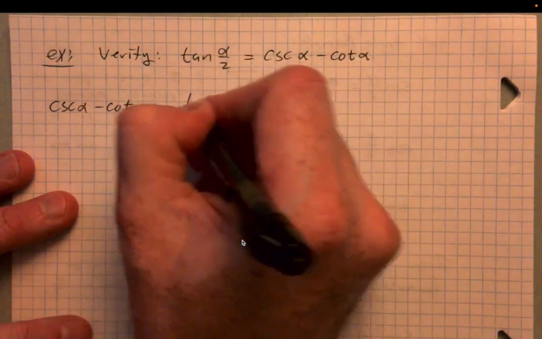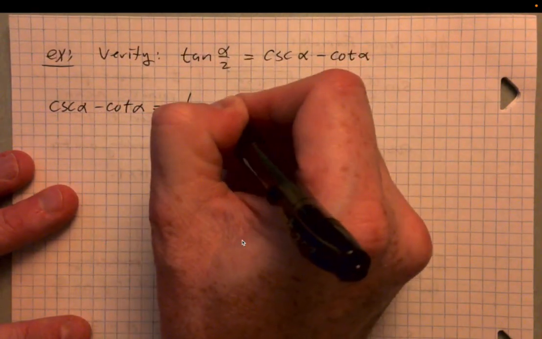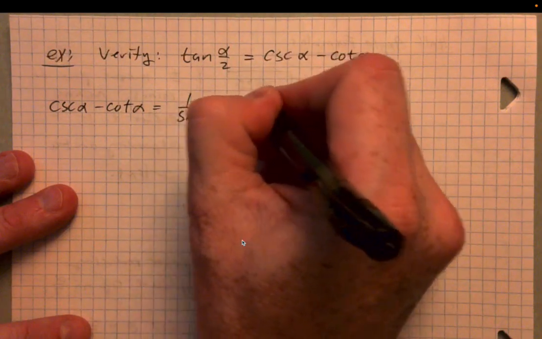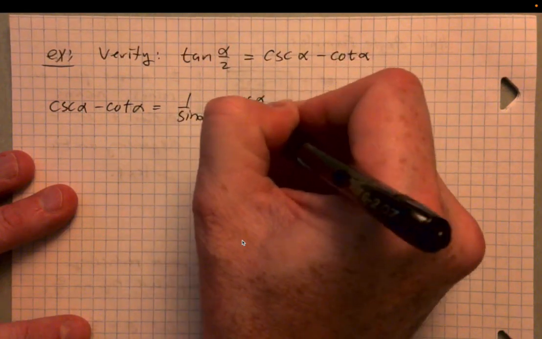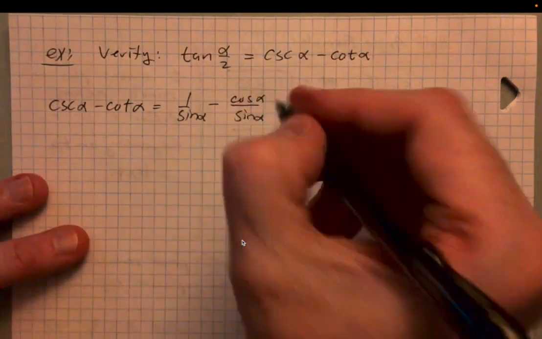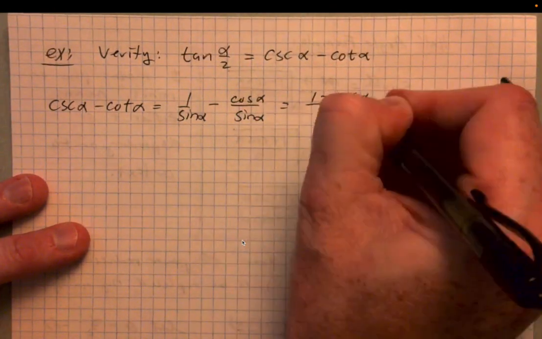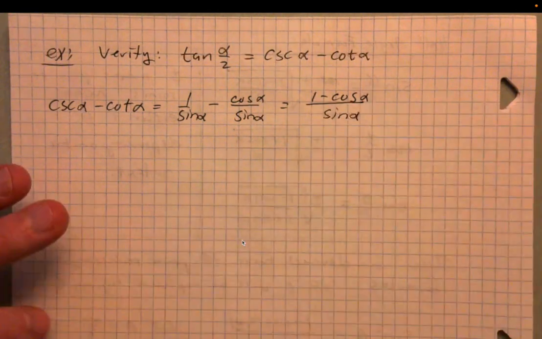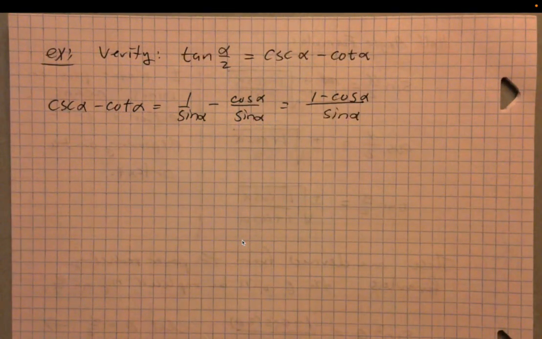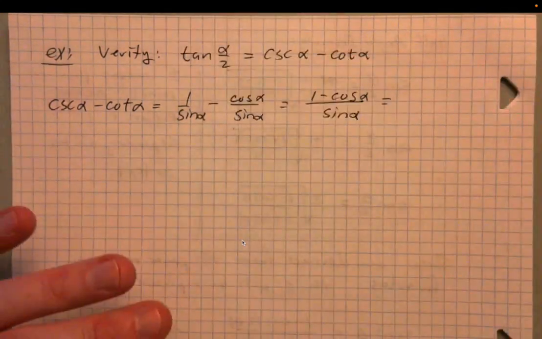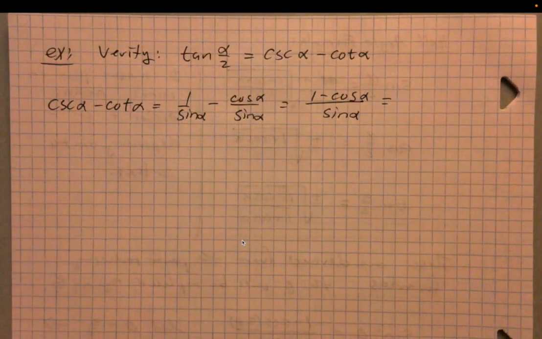This is equal to 1 over sine alpha minus cos alpha over sine alpha. And that means this is 1 minus cos alpha over sine alpha. And this, of course, is equal to the tangent of alpha over 2.